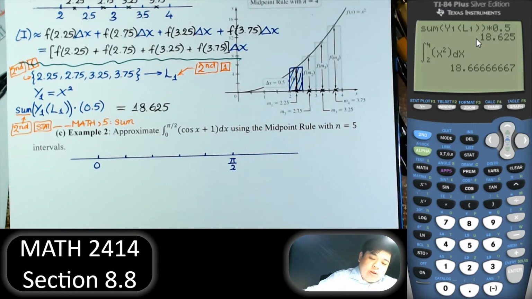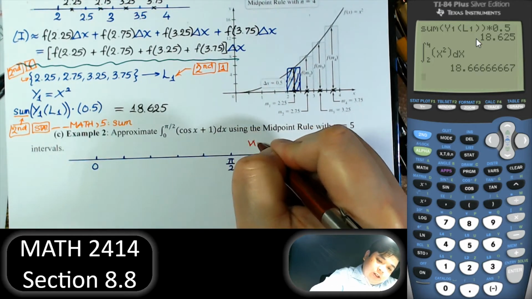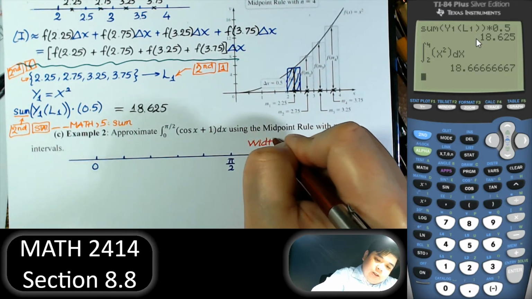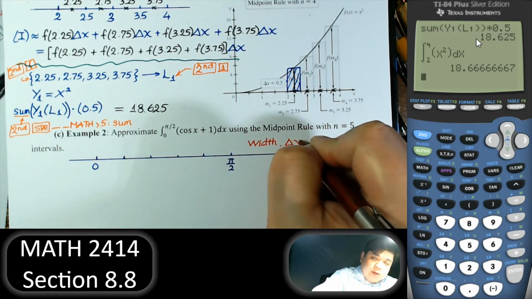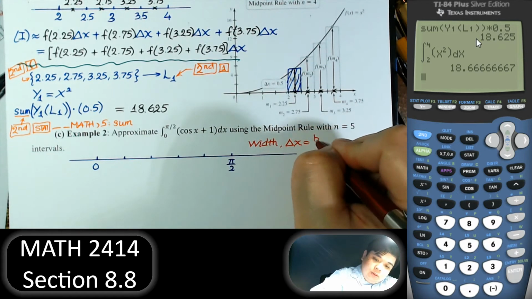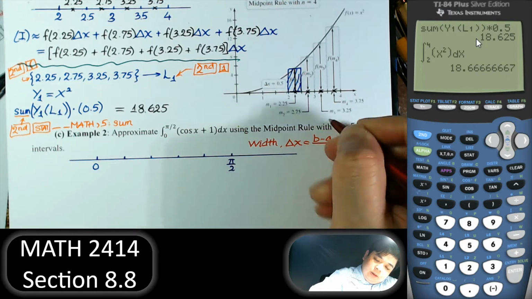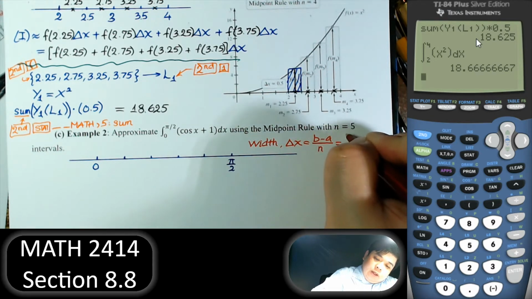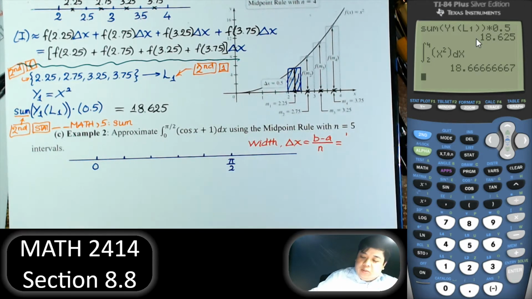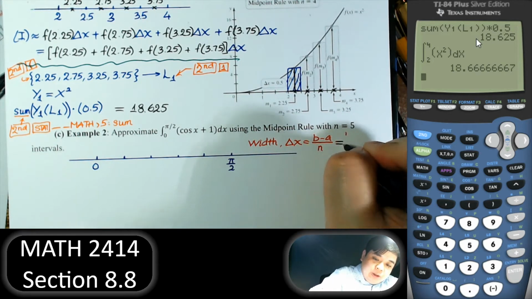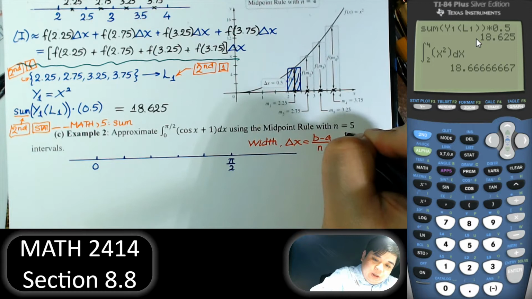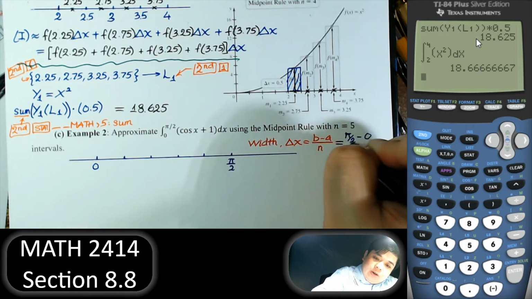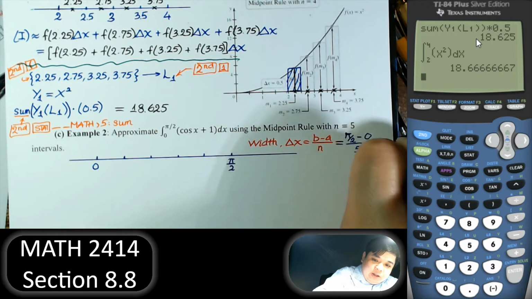First we find the width, as always. In this particular case, we have pi over 2 minus 0, divided by 5. So that gives us pi over 10.